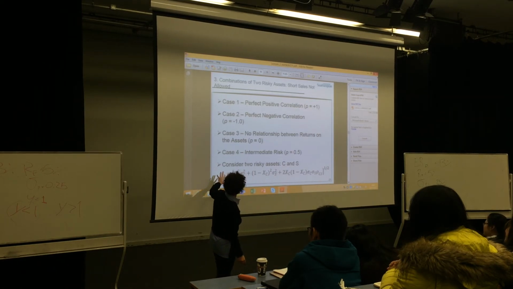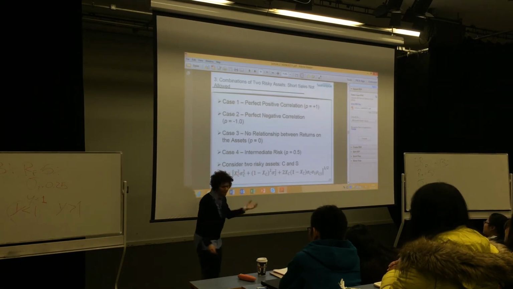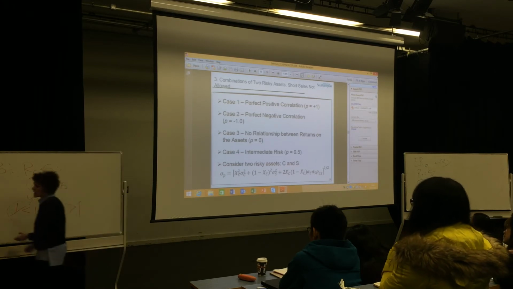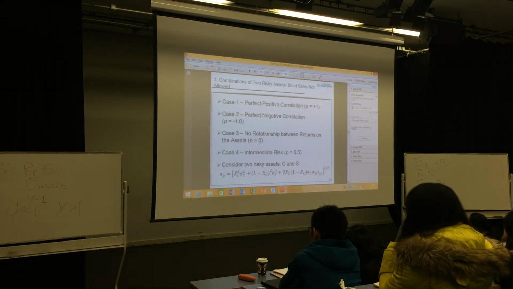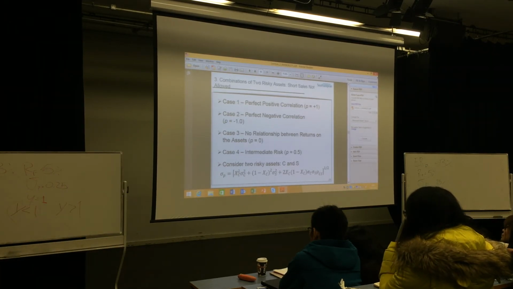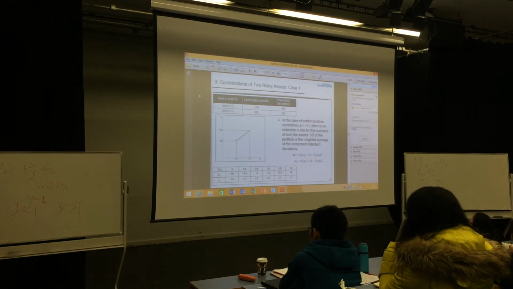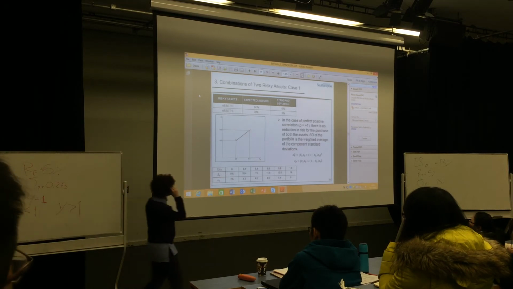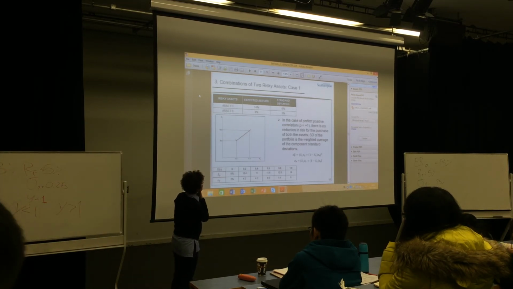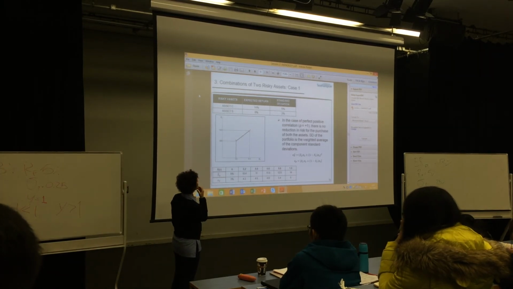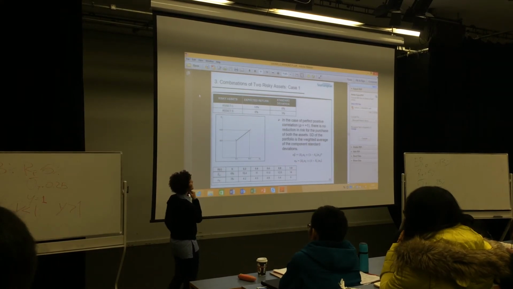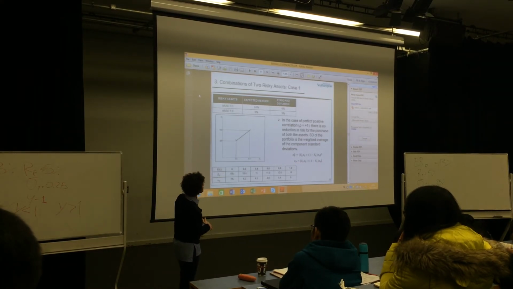So the only thing that can allow me to benefit from diversification is when the correlation coefficient is negative. Why? So here you have an example. Suppose that you have two assets. Asset C with 14% expected return, standard deviation 6%. Asset S, expected return 8%, standard deviation 3%.